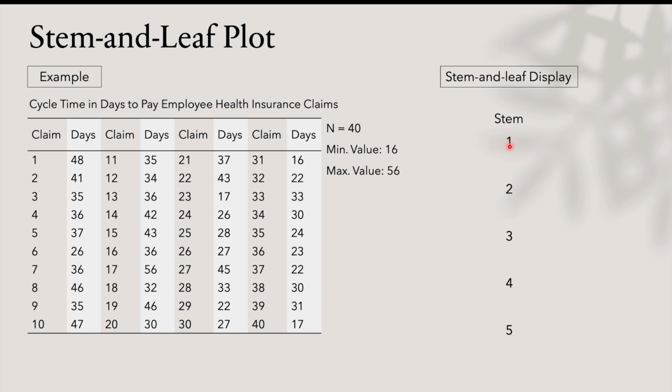If we divide 1 into two, the first one will contain leaves less than 5, meaning 1 until 4, and the second one will contain leaves from 5 until 9. Now we have 1 1, 2 2, 3 3, 4 4, 5 5. Now we will go through the data, and one by one we will write the leaf in front of the stem.